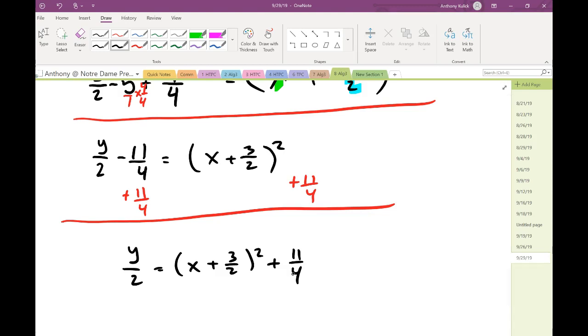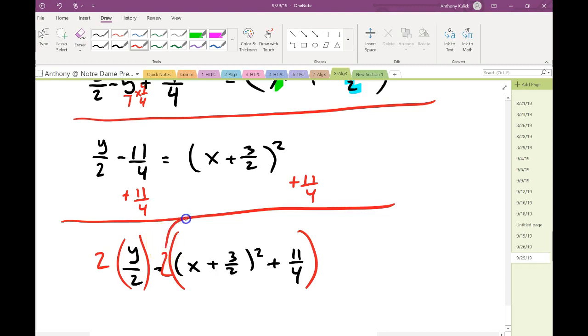What am I going to need to do to get rid of that denominator of 2, though? What do I need to do that? Multiply by 2. So I'll multiply this side by 2, and I need to multiply that side by 2.